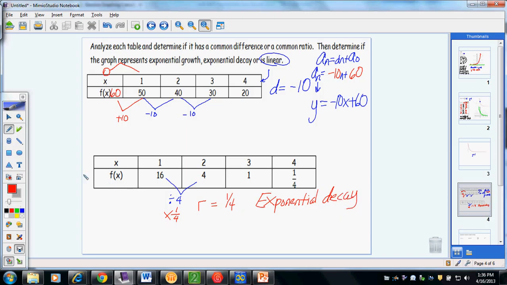Now again, think about the explicit rules. If we have an explicit rule, this is a geometric sequence. We would have a sub n equals a sub 1 times r raised to the n minus 1.